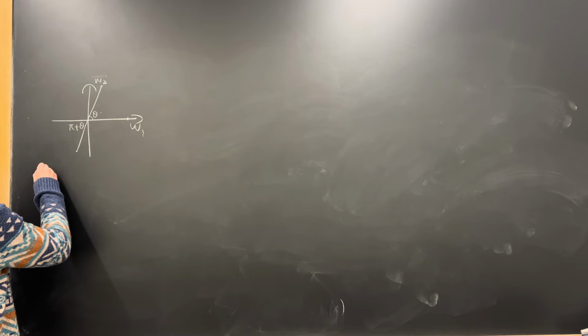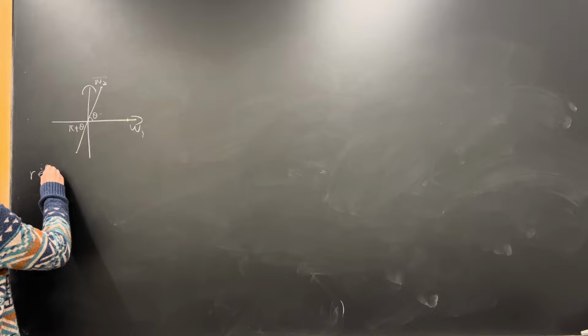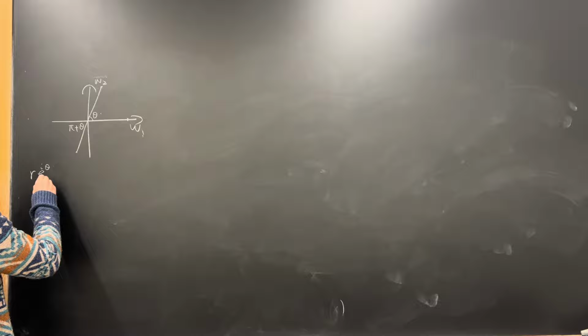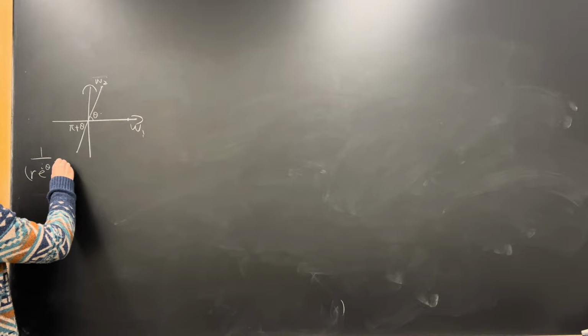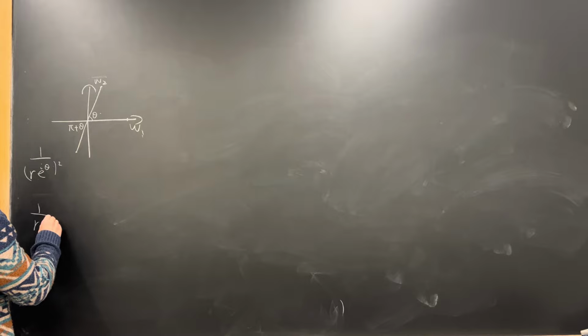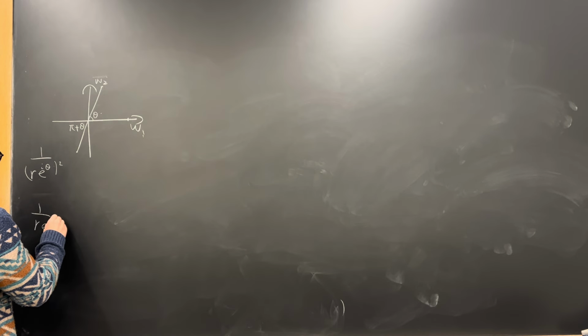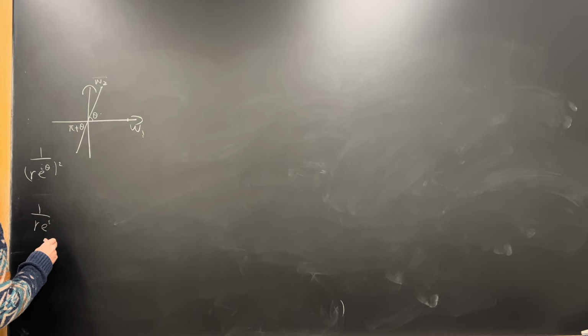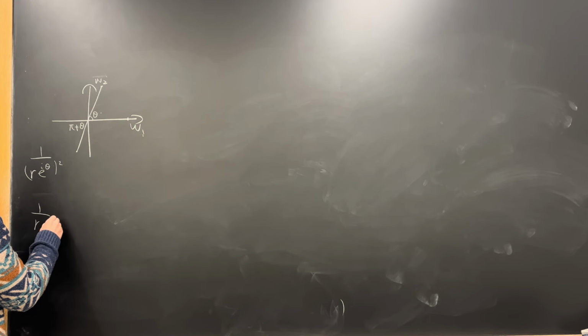So e to the 1 over pi plus theta, which is plus theta, i pi plus theta times 2.